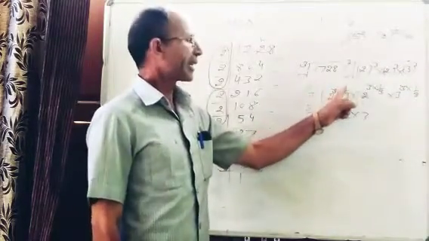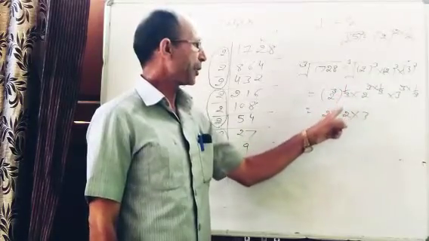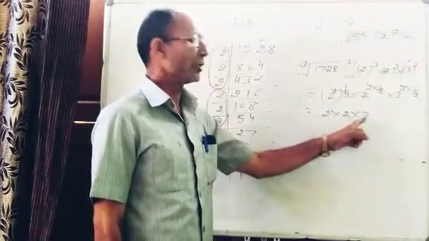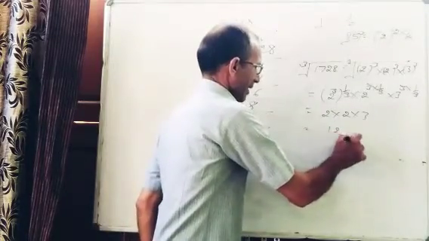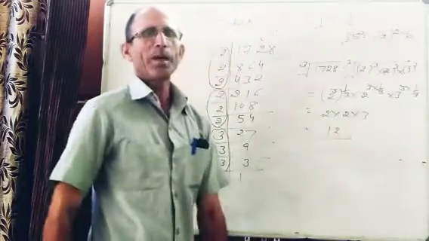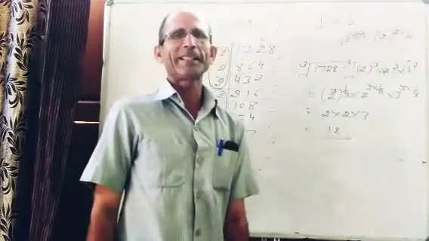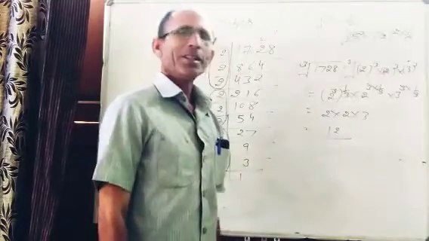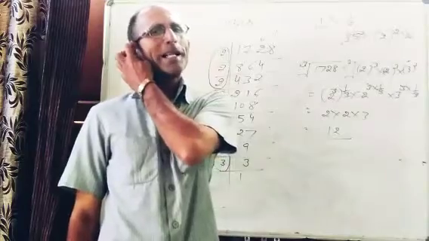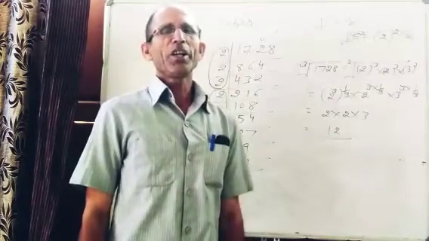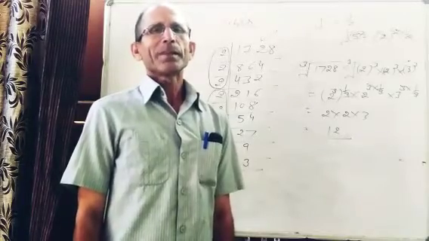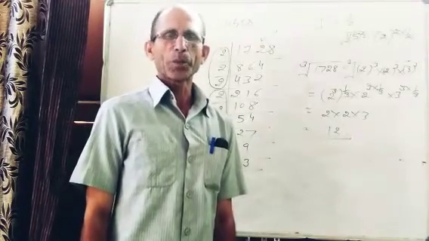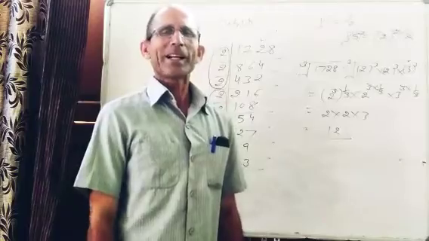So take cube roots. After taking cube roots, the result is 2 multiplied by 2 multiplied by 3, so it will be 12. So the cube root of 1728 is 12. This is the method for finding the cube roots by the prime factorization method. In the next discussion, we will discuss how to find the cube roots by using identities.